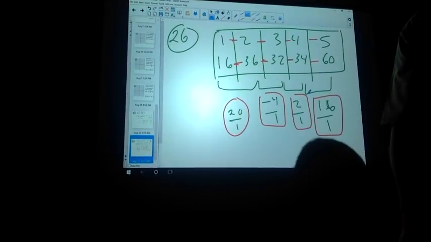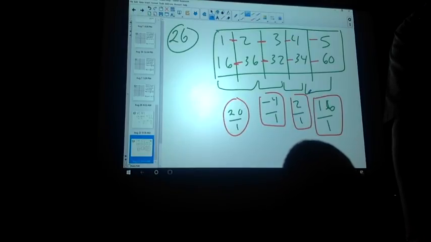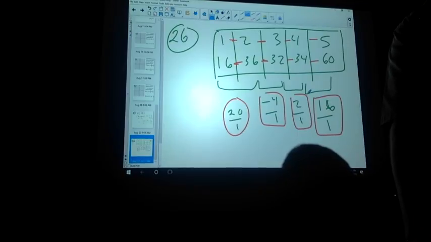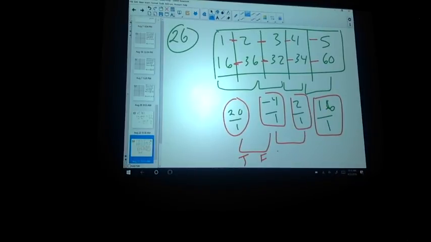Then identify the intervals: January to February, February to March, March to April.